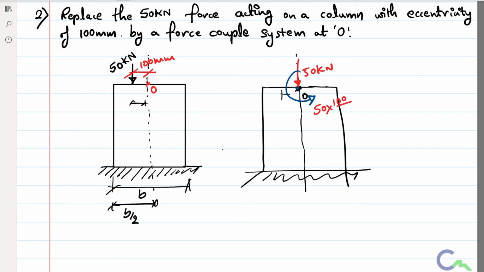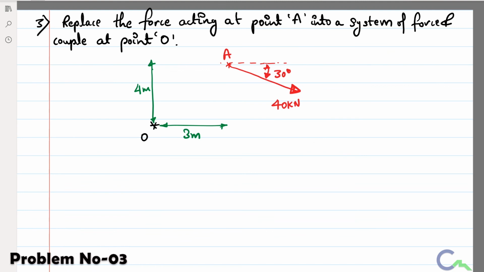If I convert that into meter, 100 divided by 1000, that will be 5 kilonewton meter. Very simple: if I shift any force to a new position, I have to calculate the moment of that force about the new point.